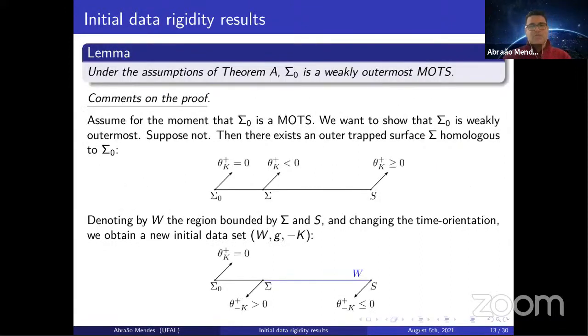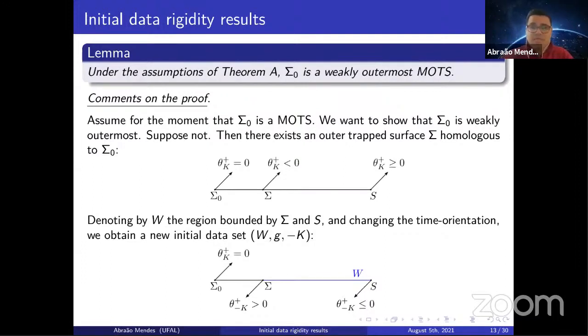All right. So as I said, the first step is showing that sigma naught is a weakly outermost MOTS. So let's see. Okay, so assume for the moment that sigma naught is a MOTS, okay? Then we want to show that if sigma naught is a MOTS, it is weakly outermost. So suppose it's not.